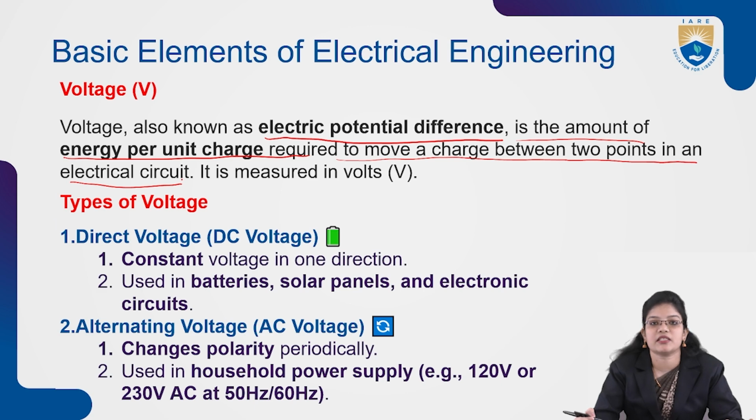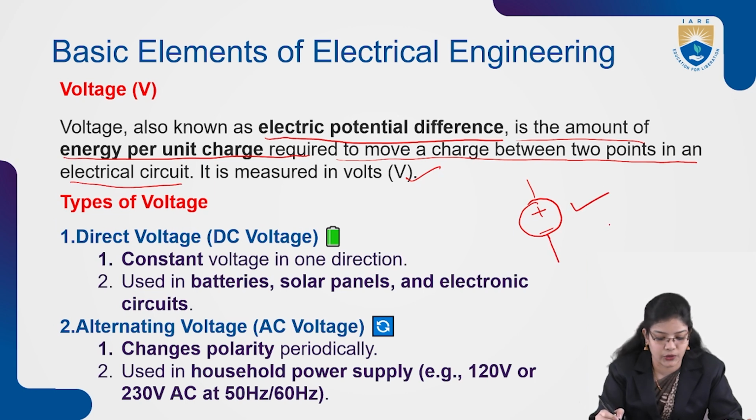This voltage is denoted with the letter V and it is measured in volts. While designing the circuits, the symbol of voltage is taken as positive and negative. This will be the symbol for the voltage while designing circuits. The instrument used to measure the voltage is the voltmeter.